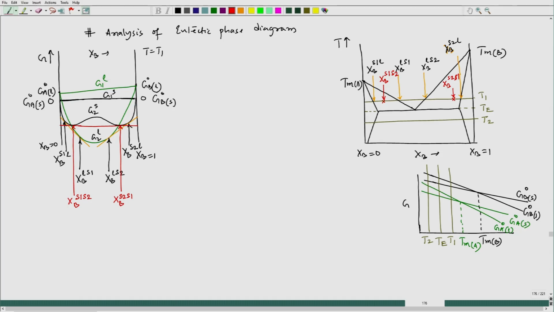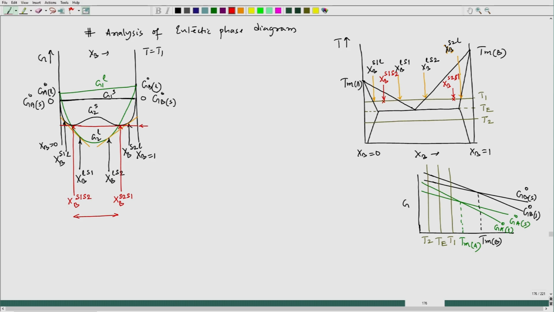Okay. But let us see that this red color tangent is actually above the brown tangent we have drawn, if I consider these two composition ranges.